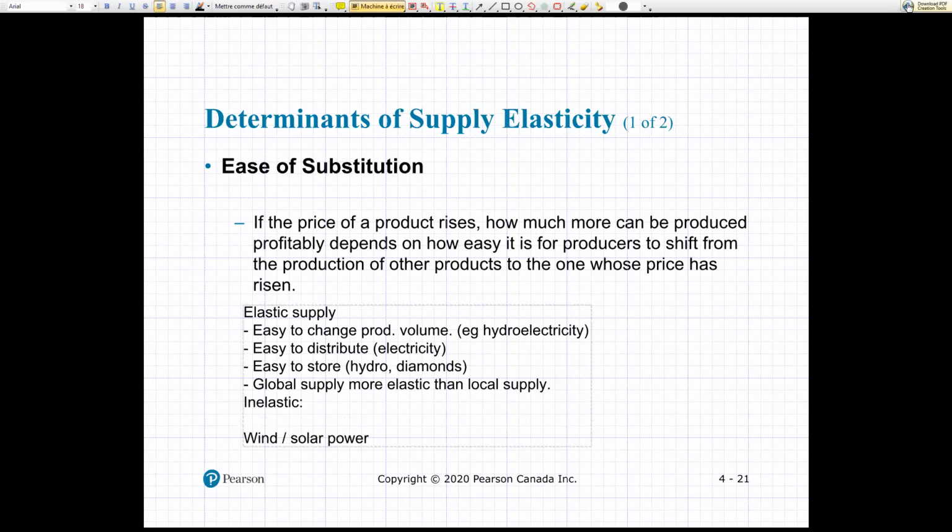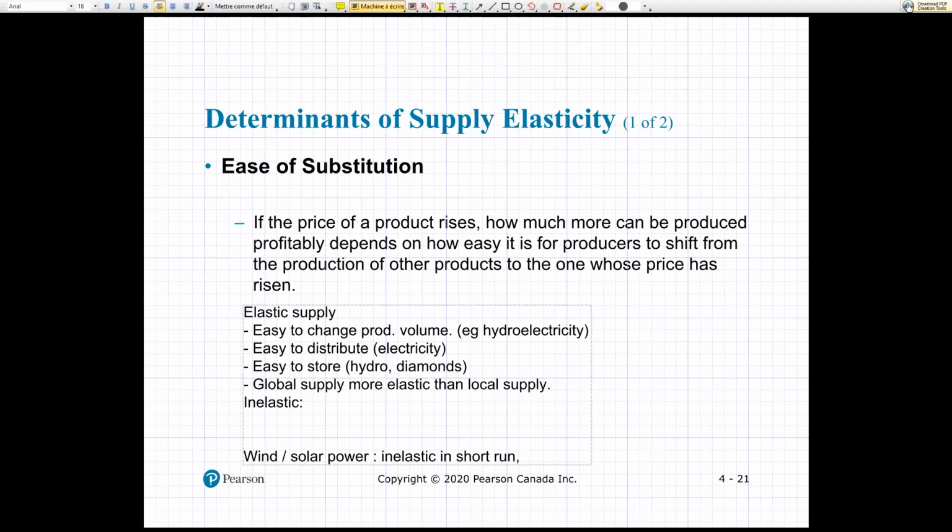So let me put it here. Inelastic in the short run. Why? Because you have the installation you have. If there's no wind today, there's no way for you to produce more electricity.